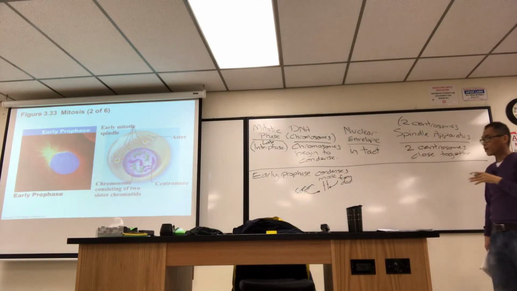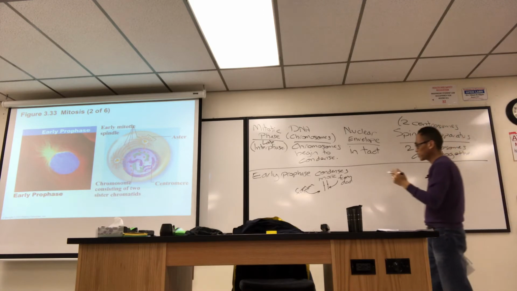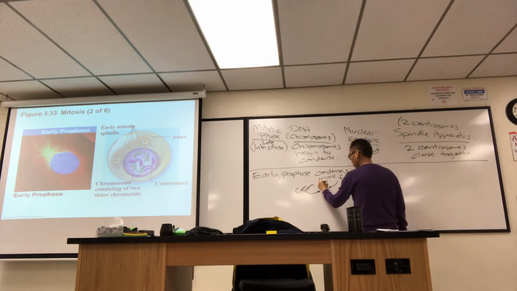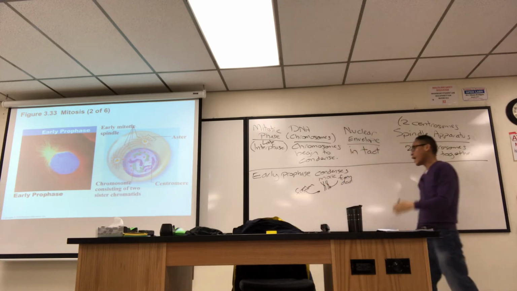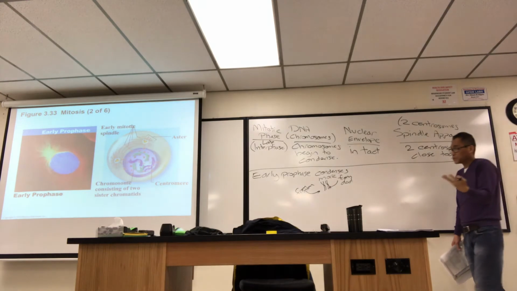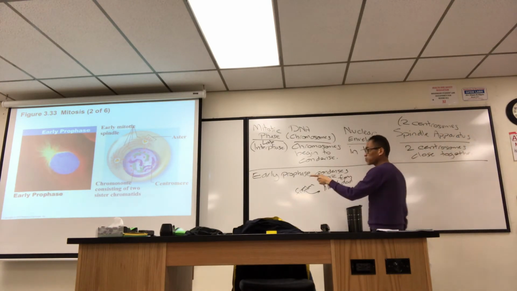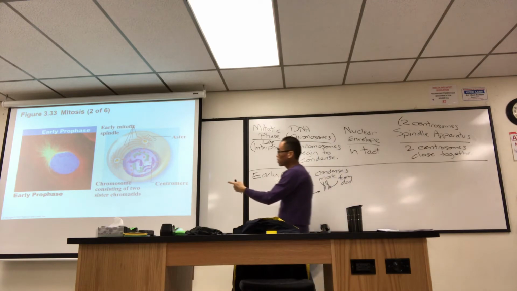When you divide a cell, you have to replicate that. We already did it in the S phase. You just make a carbon copy. So I had a pair, now I have 4. It's still a pair, it's just that each part of the pair is now replicated. And that's what they're showing you there, in case you're wondering.